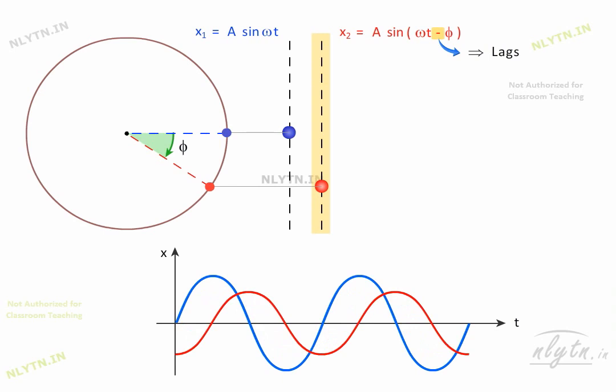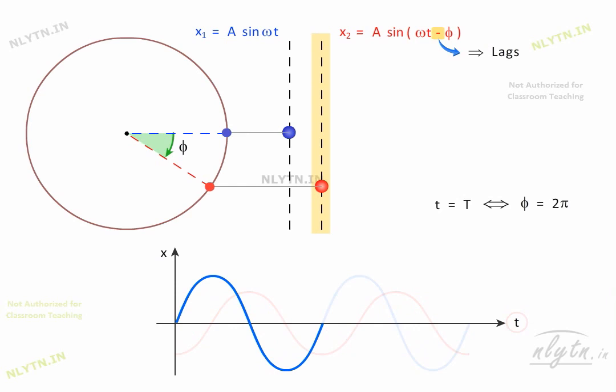As this graph is in terms of time, and 1 cycle of 2 pi rotation is equal to time period T, the graph of this SHM will be shifted by this amount, and it will be shifted towards right because it will achieve its maximum value after this SHM achieves its maximum value.